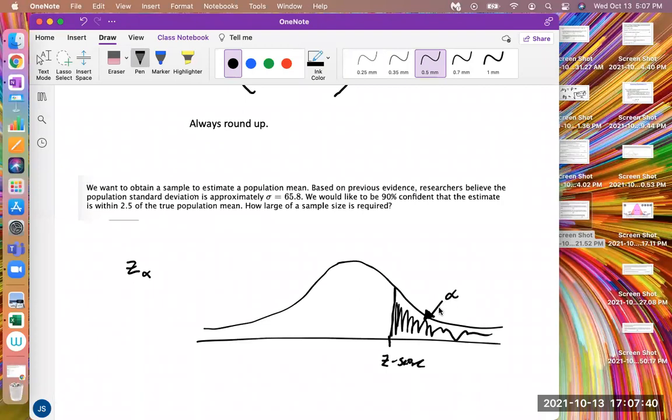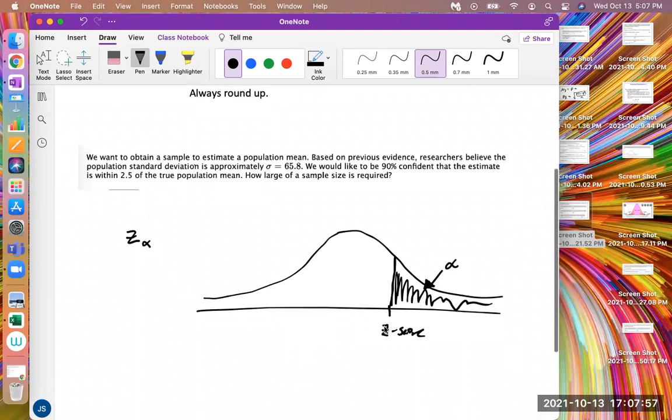If I'm looking for the value along the horizontal axis and I know the area under the curve, then this is an inverse norm type of problem. Most problems give you the value along the x-axis and we're looking for the area under the curve or the probability. This is the opposite of that. So it's an inverse norm problem.